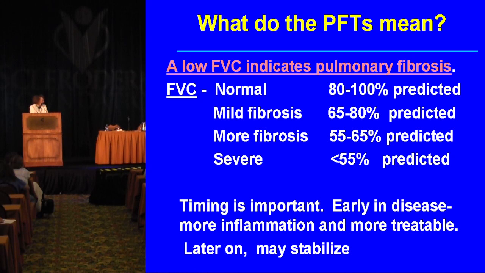These aren't exact numbers, and a lot of people have significant fibrosis on their PFTs, but not so much on their x-rays, and vice versa. There's not always a real close connection, but this is a good estimate. And so if you're less than 55% predicted, that really means you have significant pulmonary fibrosis.